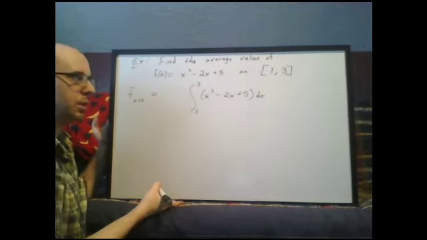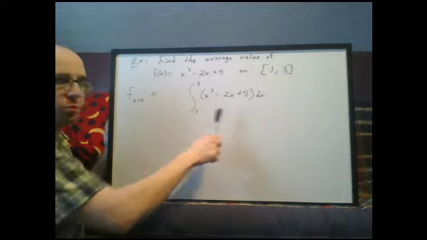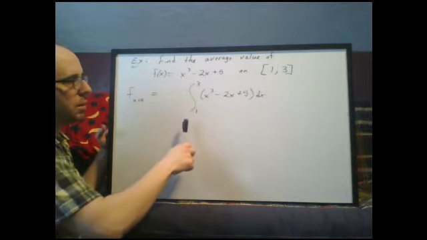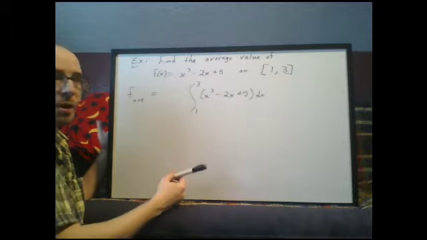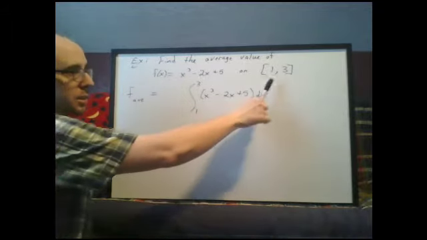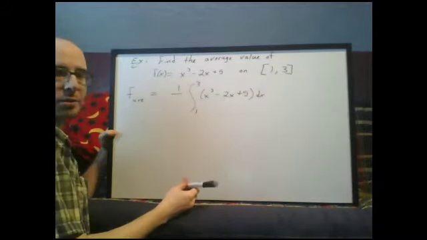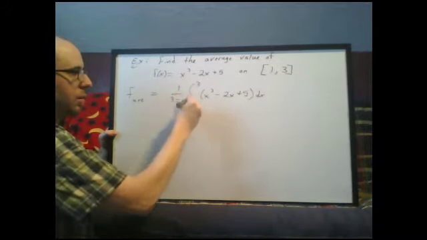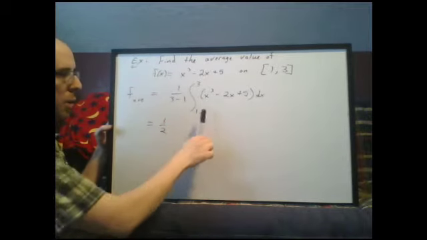Those are my two x values. And now this integral would give me the total. I have to remember to divide by the appropriate thing. And that's just 1 over the difference in my x values, 3 minus 1. So in this case, that's 1/2. And now I need to integrate this.